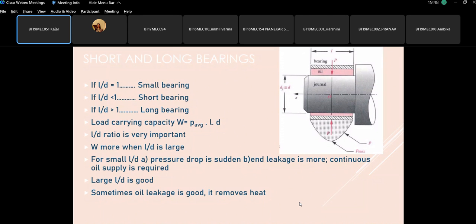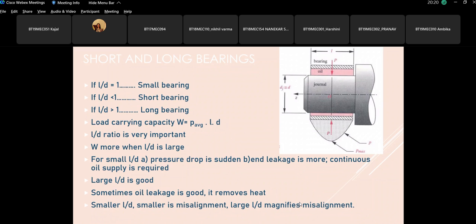So journal and bearing is same? No, ma'am, it's not same. The outer part is the bearing and inside is the journal. Yes. So the inner part is the journal, an extension of the shaft which is rotating. Bearing is providing the support, and it is providing a frictionless support with the help of the lubricant inside.